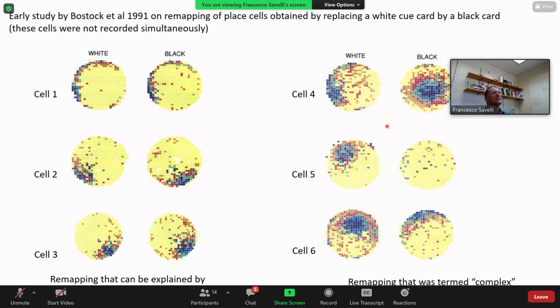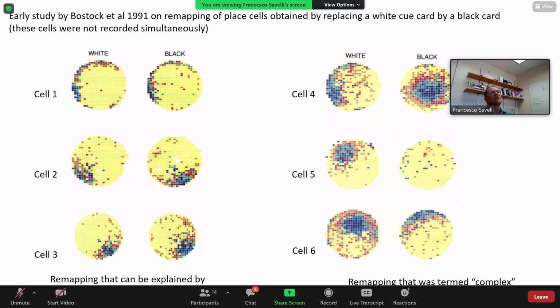But when you look at these other cells, they reveal a completely different story. So now you see cell four. Before it was firing here, now there is a nice place field entirely contained in the cylinder. So this field hasn't rotated. This field has shifted probably. Now you get another cell that has a nice place field in the white card condition.